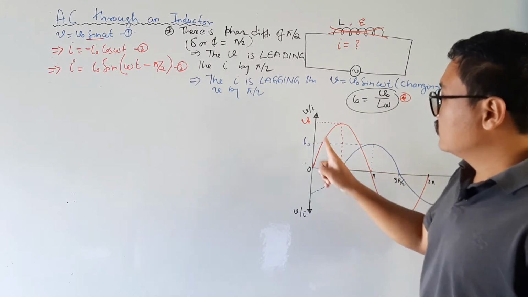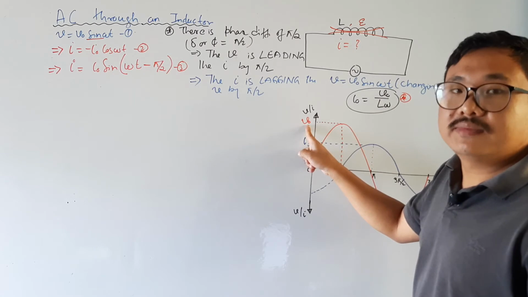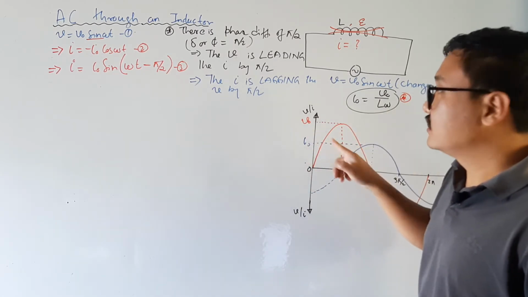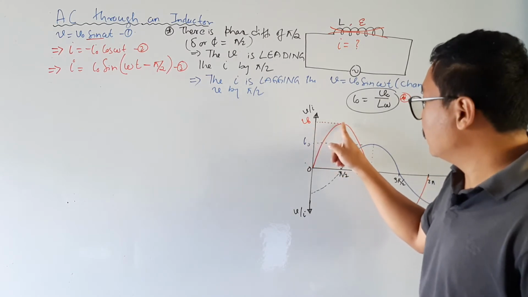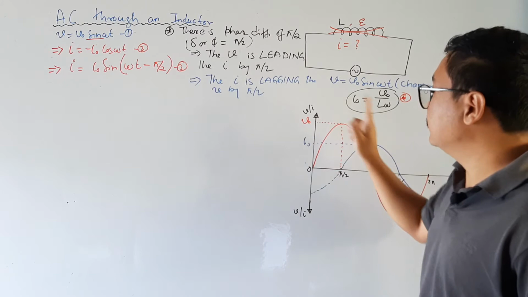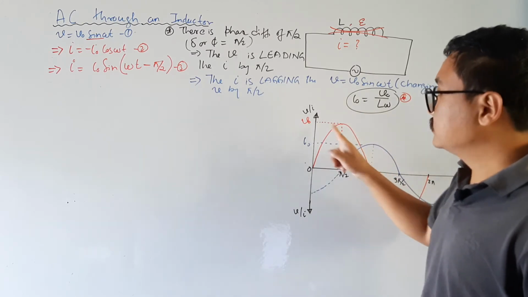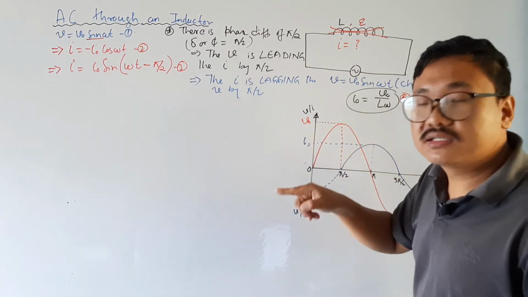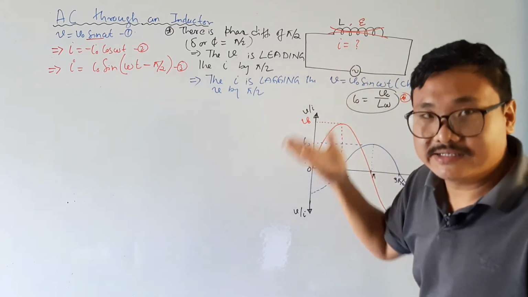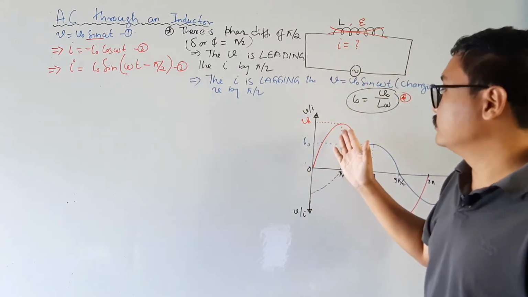So first V0 attained the maximum and then I0. Voltage is ahead because it attained its maximum earlier than the current. So V is leading. In what situation does V lead? When the current passes through an inductor. This is how you can remember.